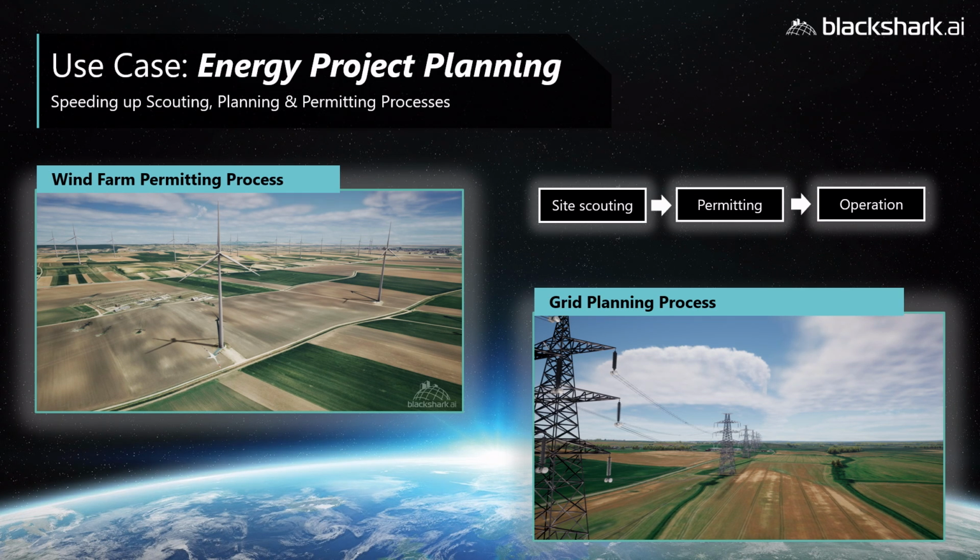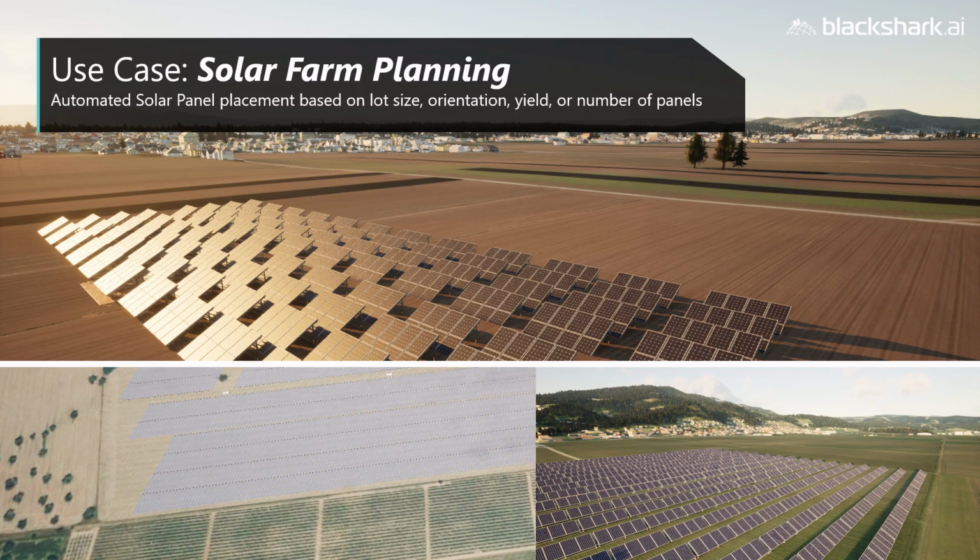So we can easily stream in the location for each of the wind turbines and reconstruct the whole of the US, including the wind turbines. Or it can be used to visualize planned projects or visualize also national size grid infrastructure, place all the poles and so on. For solar panels, it's interesting to have the semantic information underneath, because based on that, we can optimize and place the solar panels rule-based.